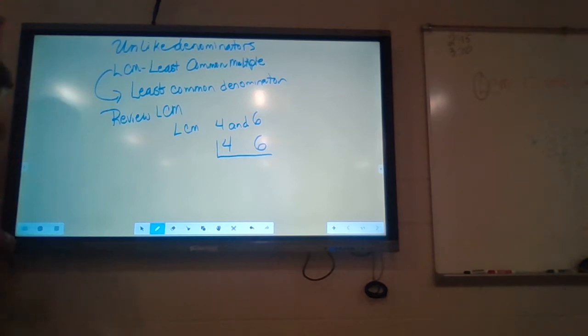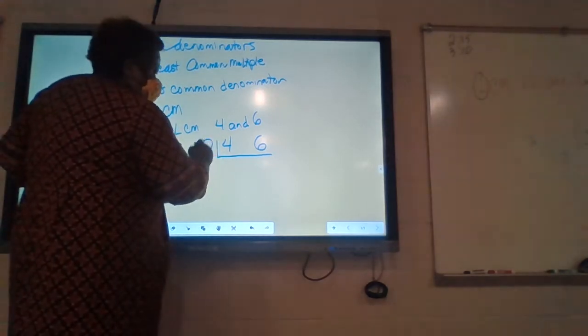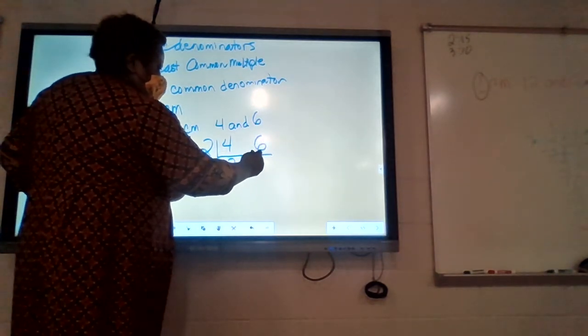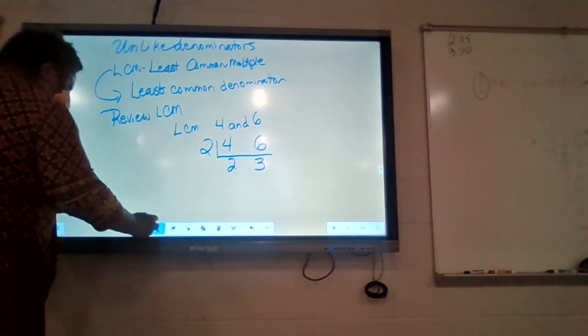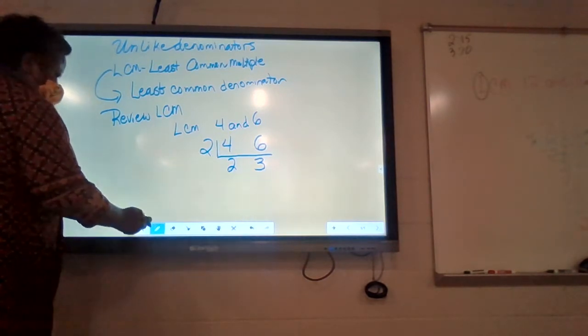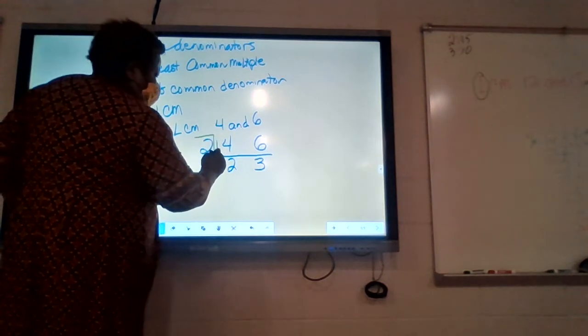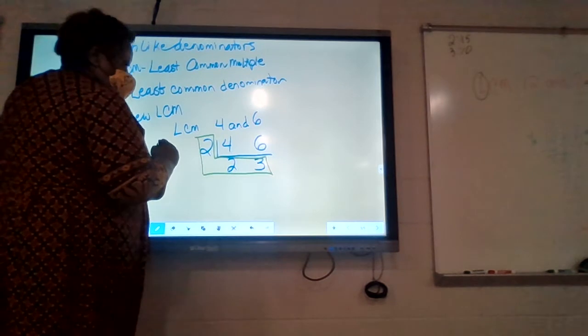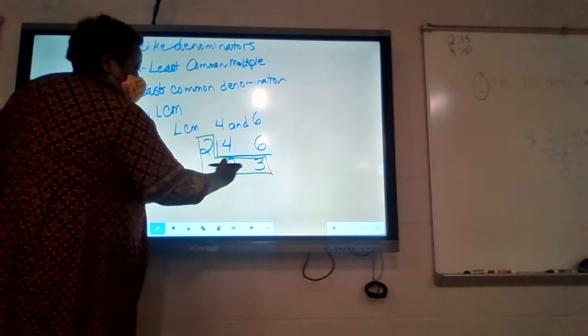What goes into 4 and 6 an equal number of times? 2. So 2 goes into 4 two times, and 2 goes into 6 three times. Now remember, LCM, we're going to draw our L. So coming back, 2 times 2 times 3.